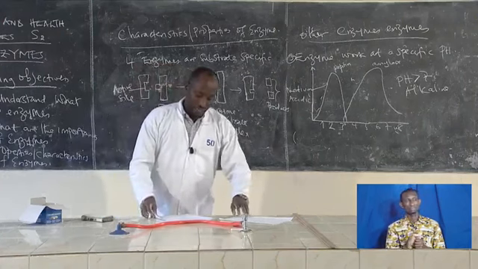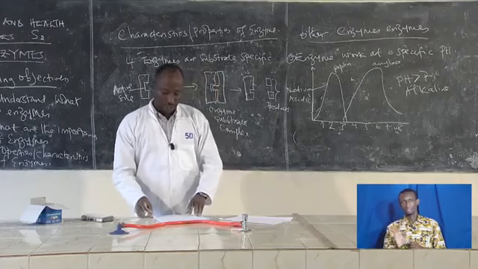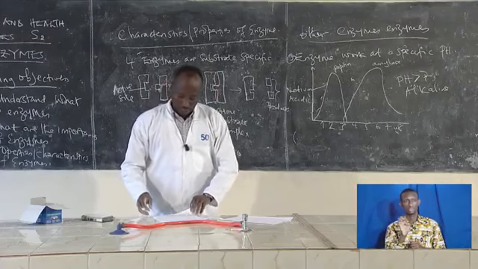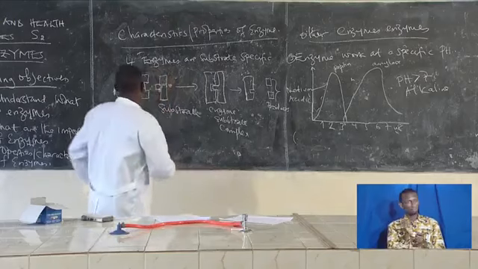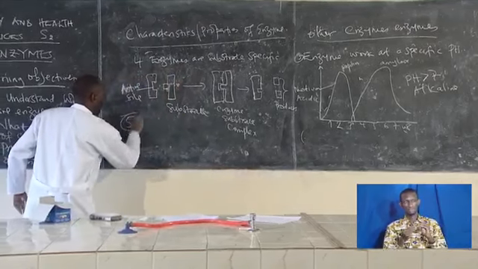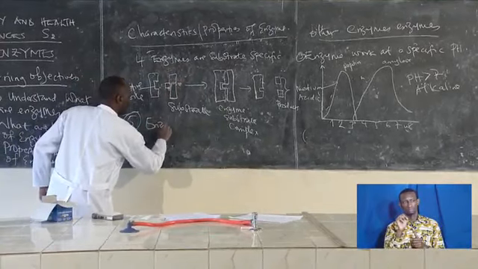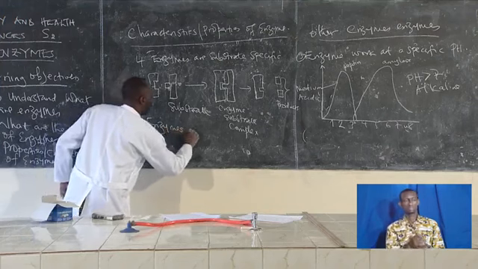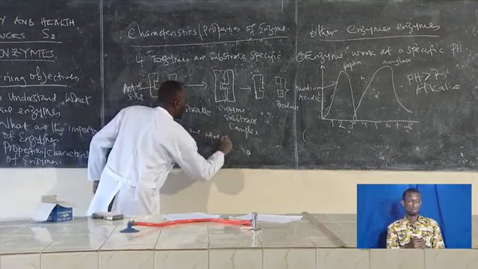Another characteristic of enzymes, number 5, is that enzymes are reversible.